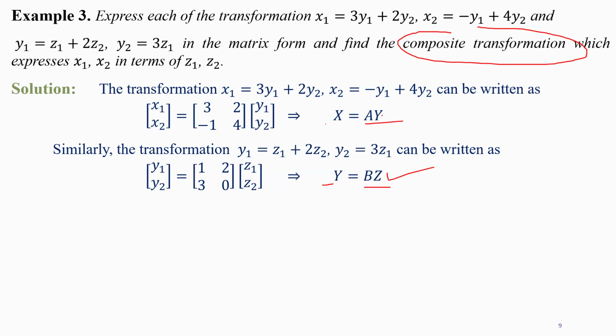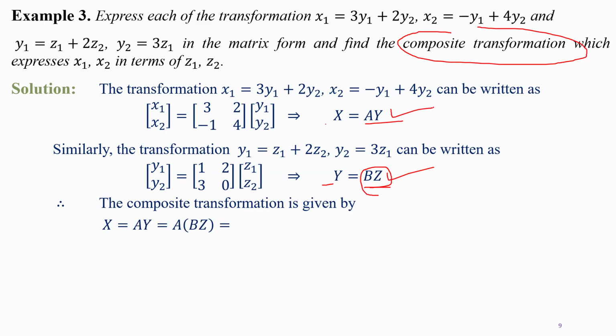So we have to substitute the value of y in this linear transformation. X is equal to AY, but the value of Y is equal to BZ. If we simplify, because this satisfies the associative property, X = AB into Z.